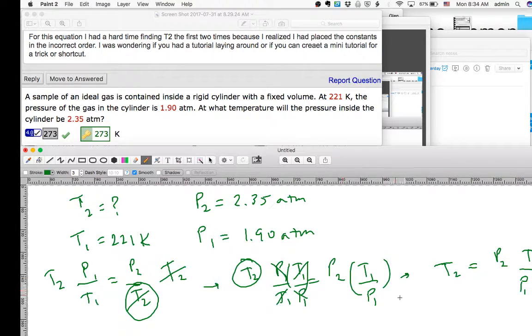So T2 equals the P2, which was 2.35 atmospheres, times the T1, which was 221 Kelvin. Sorry, it's getting messy here, but I think at this point you know what's going on, right? This is 1.90 atmospheres.